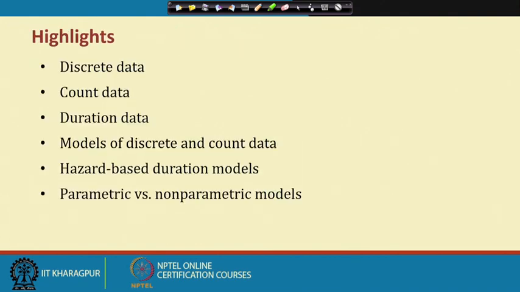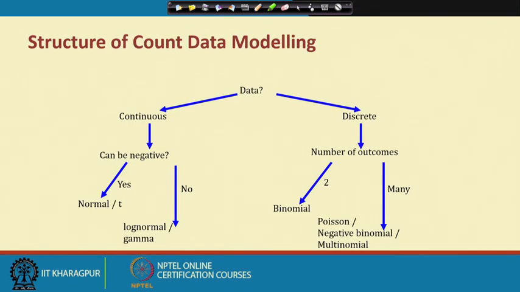So, basically the structure is like this. We have the concept called count data modeling, and the starting point is to understand the data.